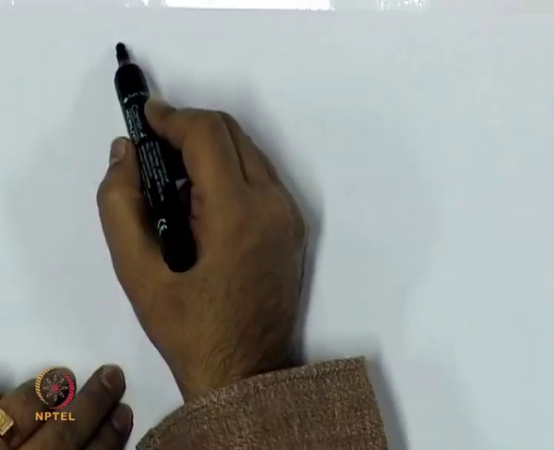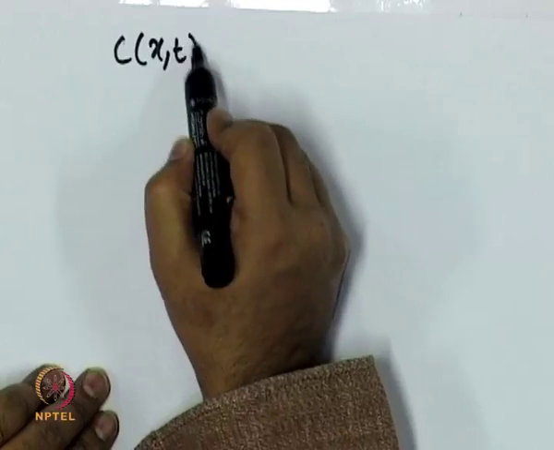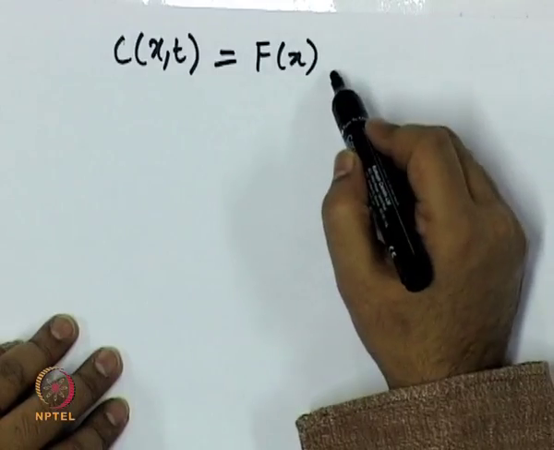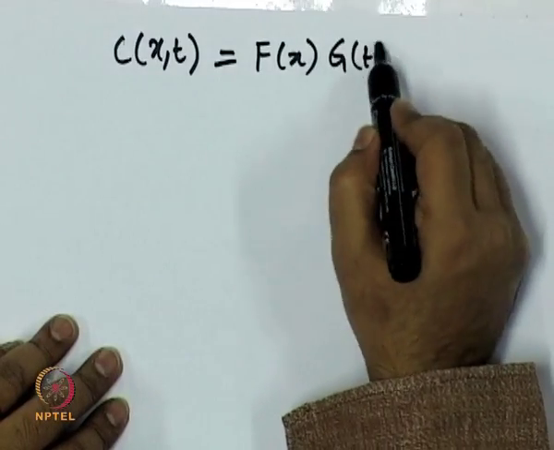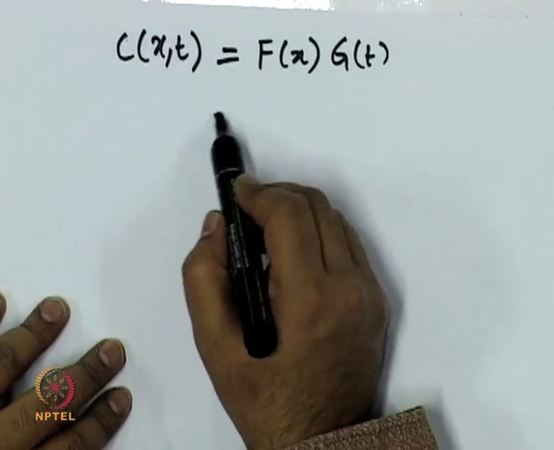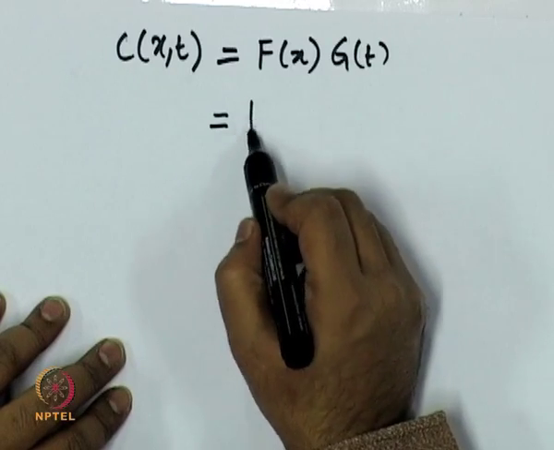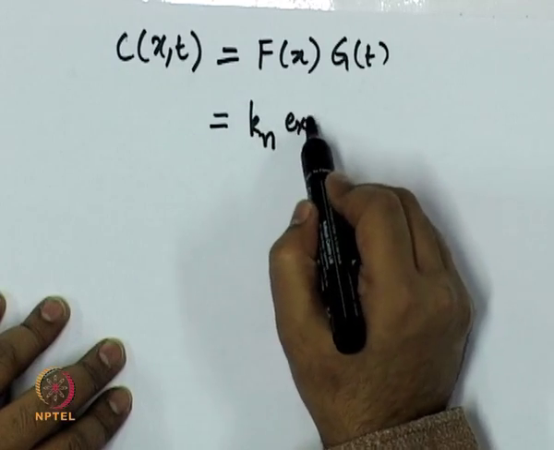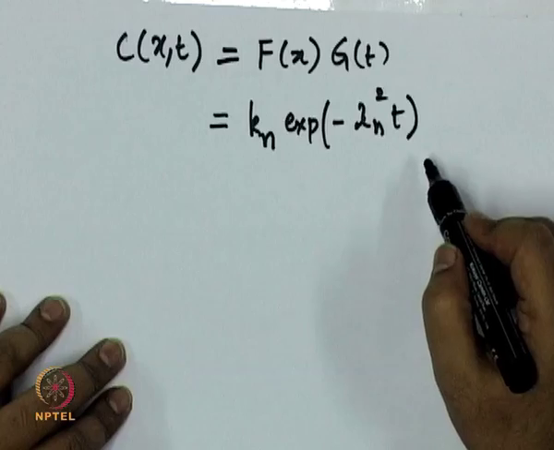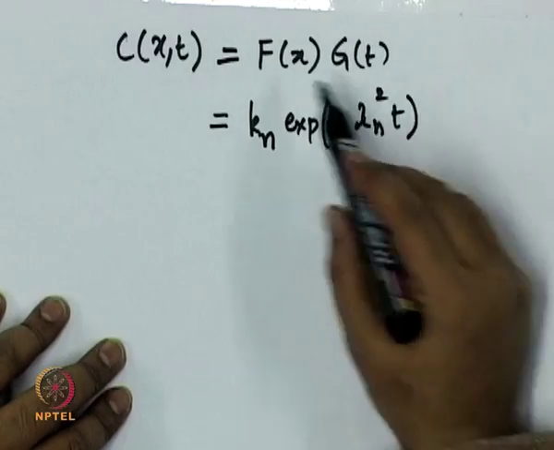Remember C of x, t was assumed to be f of x times g of t. Now I know what g of t is, that is some k n times exponential minus lambda n squared t, and we know what f of x is.